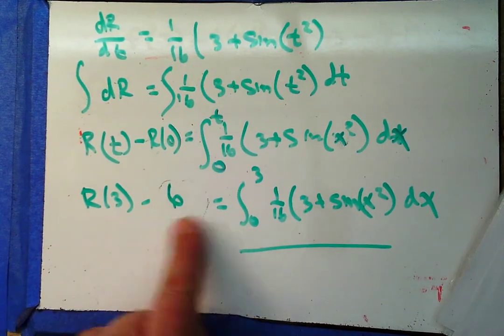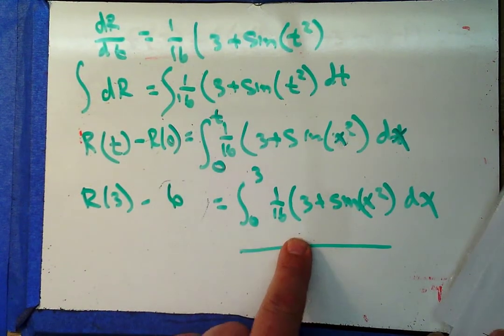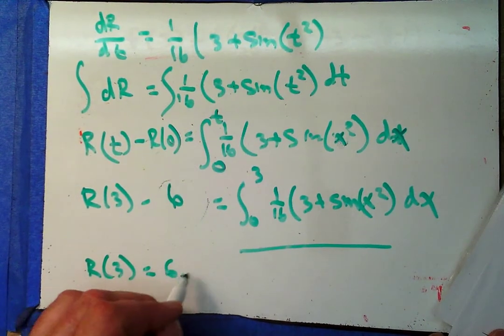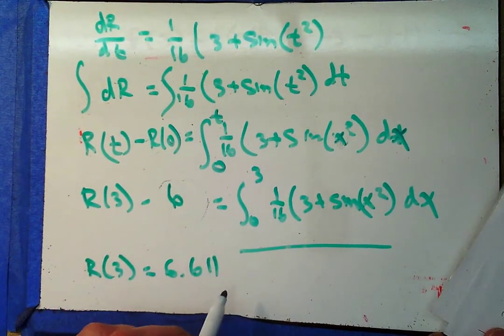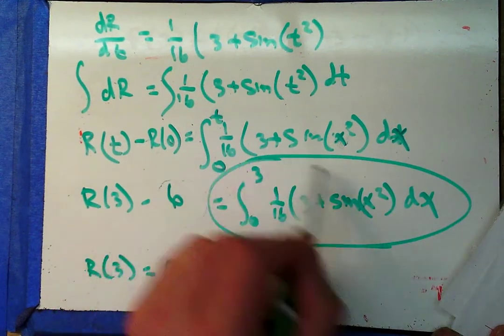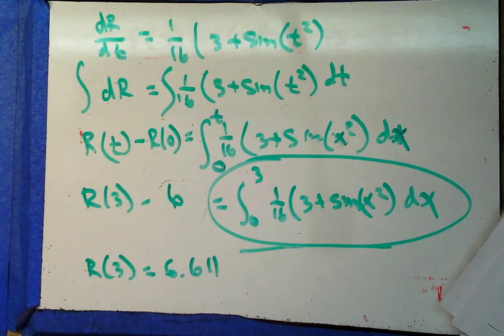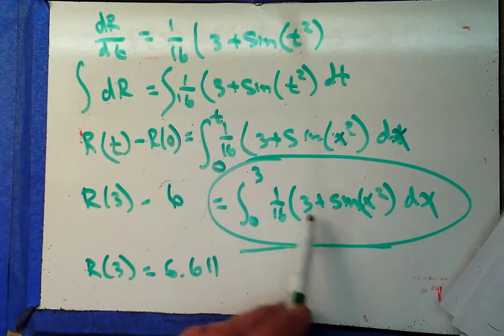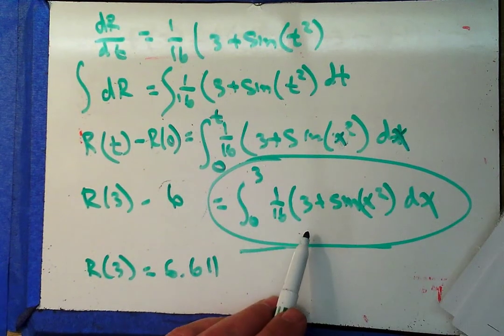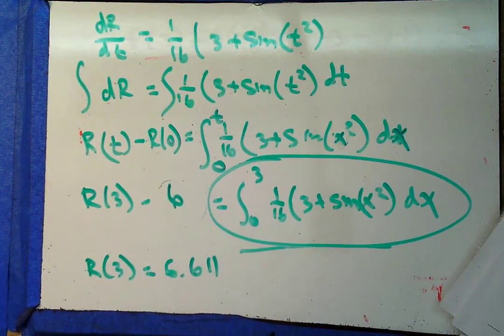So I need to add 6 to this integral, and therefore I get r of 3 equals 6.611. This is a calculator active question. I'm not expected to do this by hand. Shame on you if you try and do that by hand. Just pull out the calculator and evaluate this integral, and then add 6 to it. Okay, so there's r of 3.